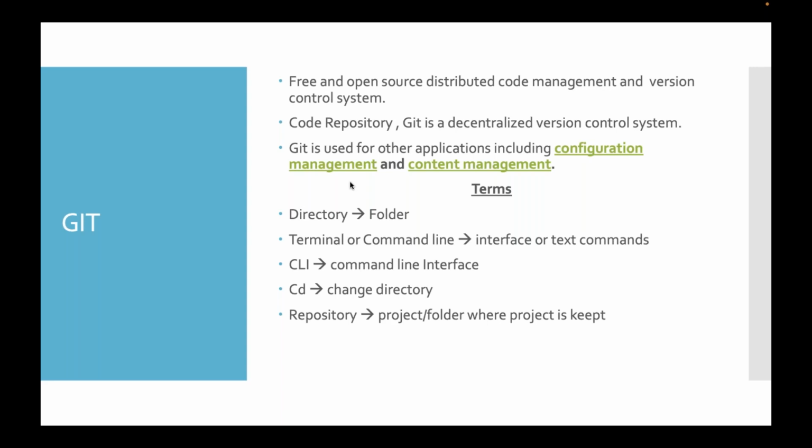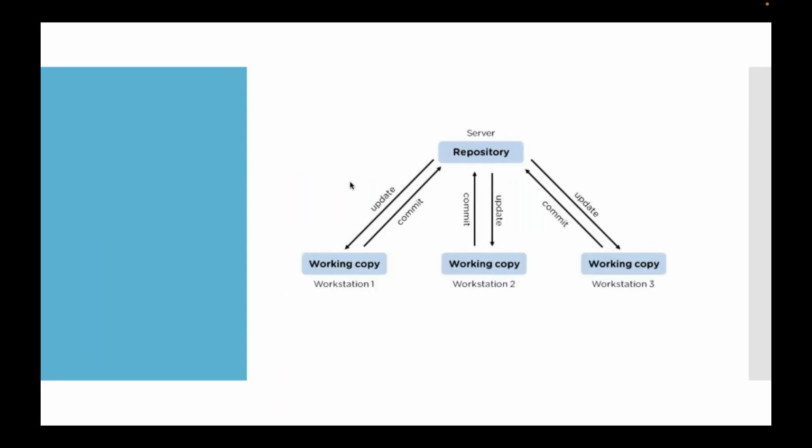This is also open source, and you have paid versions as well. This is the cloud code repository. Most companies use GitHub, and there are many others in the market: GitLab, CVS, and we also have SVN. Like this, so many repositories are there. We have to store the code in repositories so that we have access at any point of time. All the team members can access it. How do we access?